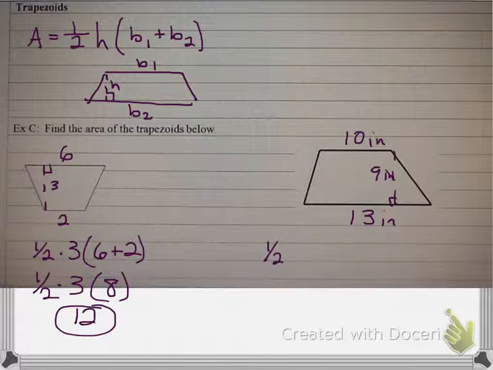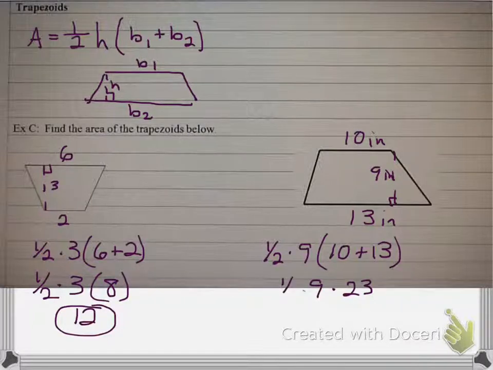Sorry if you hear me sniffling, I can't help it. 1/2 times 9 times 10 plus 13. Add our 10 and our 13 to get 23, times 9 times 1/2, and that equals 103.5 inches squared.